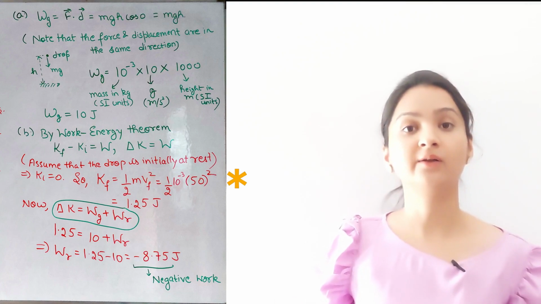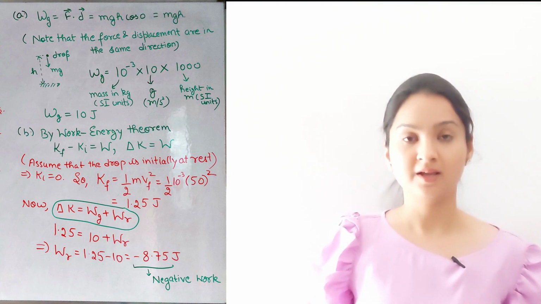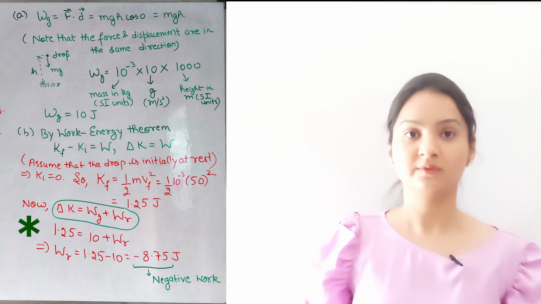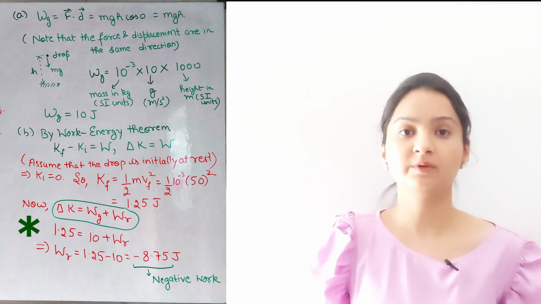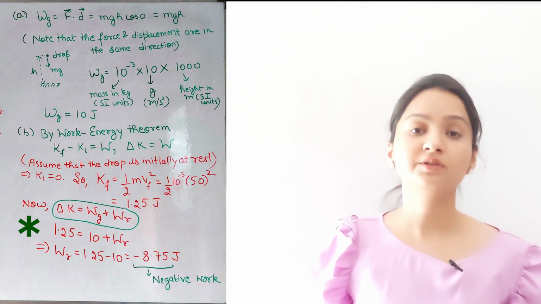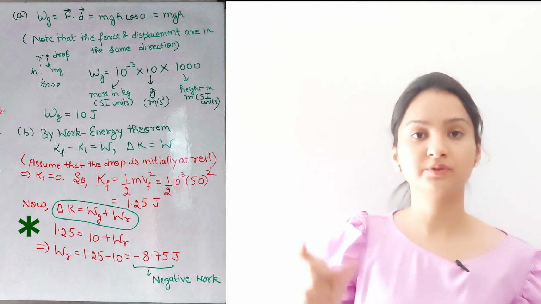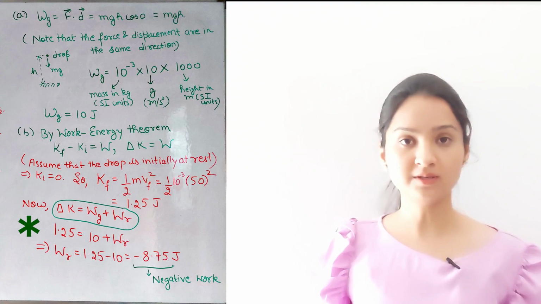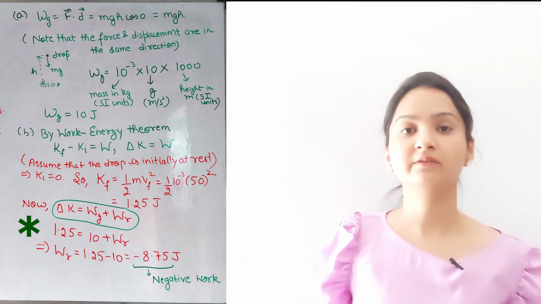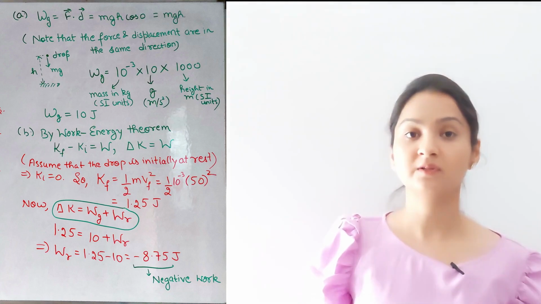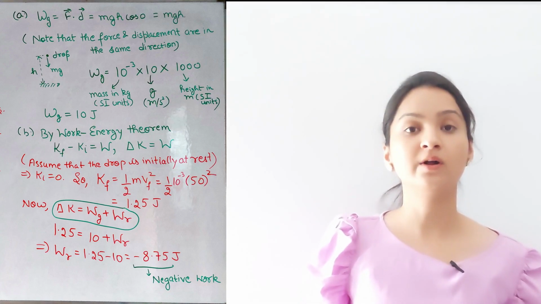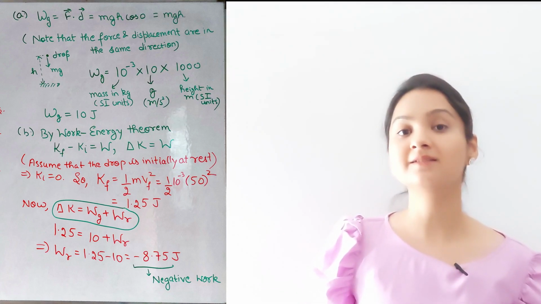Put the values and calculate the final kinetic energy. So this value, the change in kinetic energy, will be nothing but the final kinetic energy, because the initial kinetic energy is 0. So this will be equal to the work done by the gravitational force plus the work done by the resistive force. You have all the values now, calculate your answer. So now you see that this work done by the resistive force is negative.